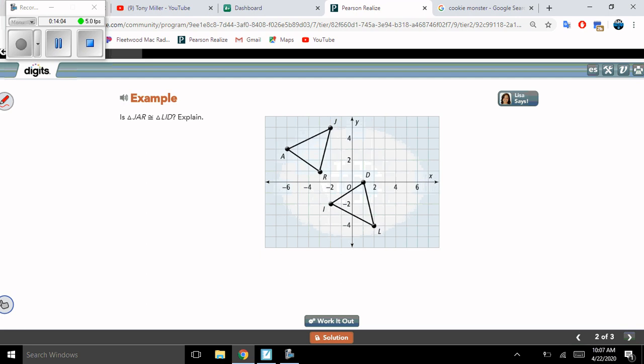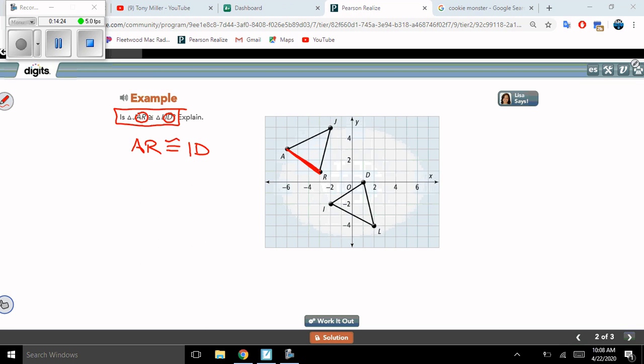Now, the first thing that I pay attention to is, just like we talked about in the previous slide, line segment AR has to be congruent with line segment ID, if this is the case. And I'm just choosing these last 2 letters here. So I'm going to take a look at AR.